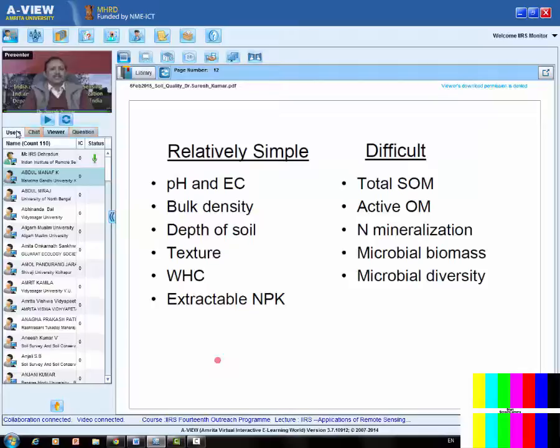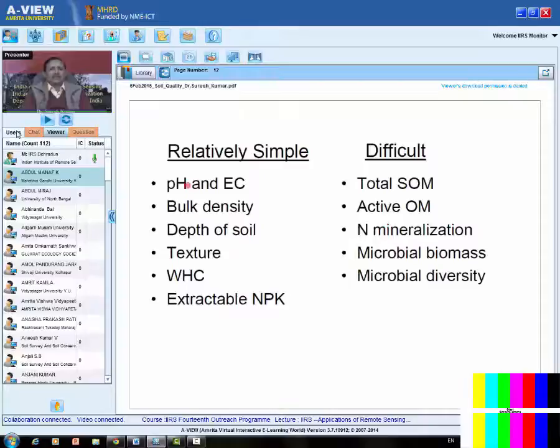Some are relatively simple indicators or simple properties which can be used by many people, but some properties are very difficult, you need very specialized instrumentation, or you have to spend more, or many soil laboratories do not have this facility to measure them.